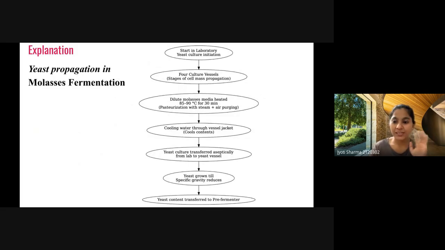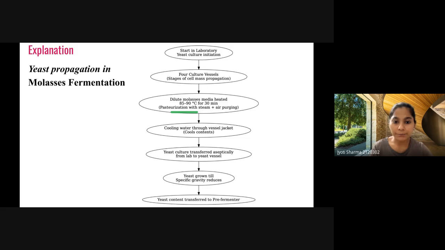First you just see the flow chart, then I will tell you. So first, we did the pasteurization. Specific gravity is very much related to how much sugar content we have, and based on that sugar content, yeast growth will depend. So that's how this specific gravity is important. I think in the next slide I have this explanation.